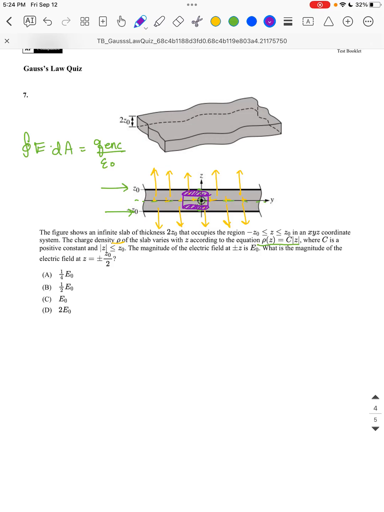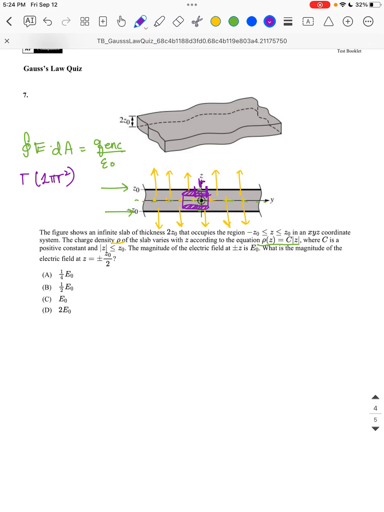We don't have any electric fields going through the sides, and so our dA is going to be 2 pi r squared. And in this scenario, the r is going to be this radius r here. That stays constant. It isn't an arbitrary r.